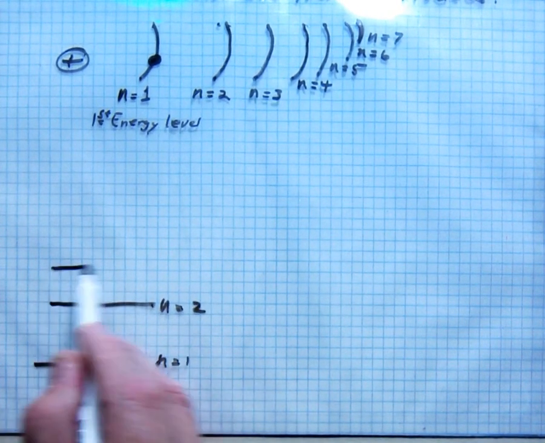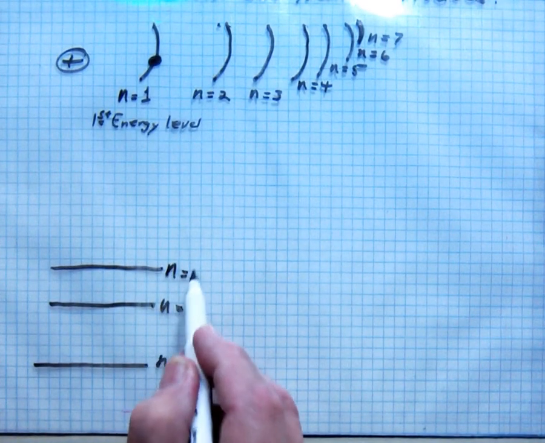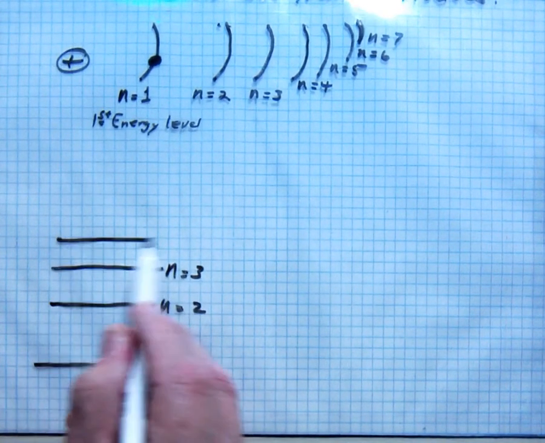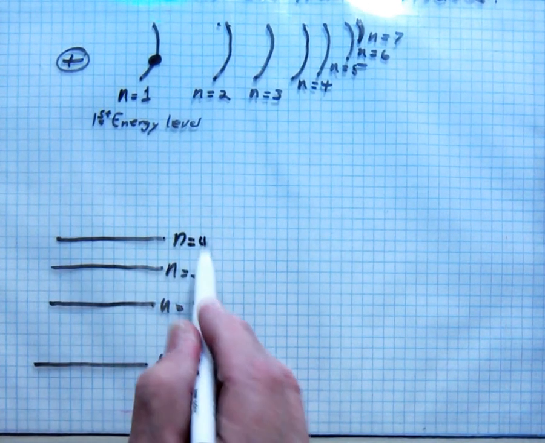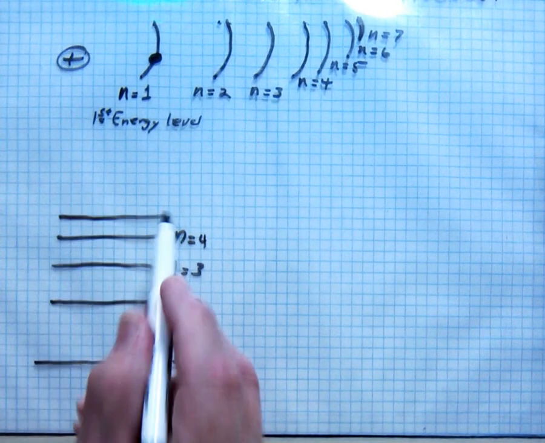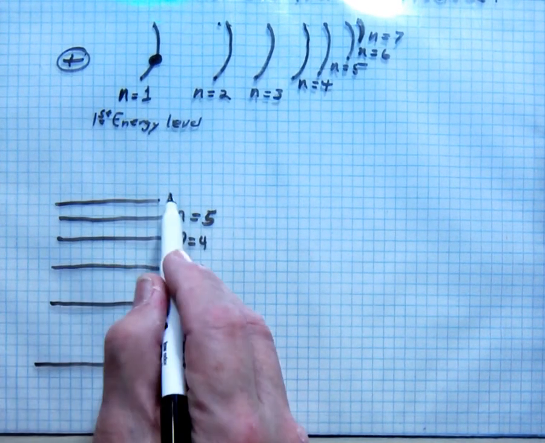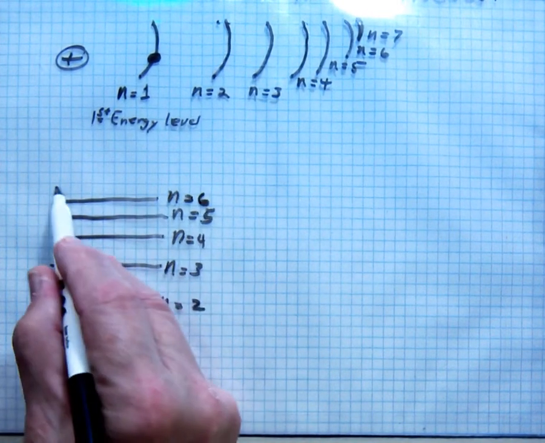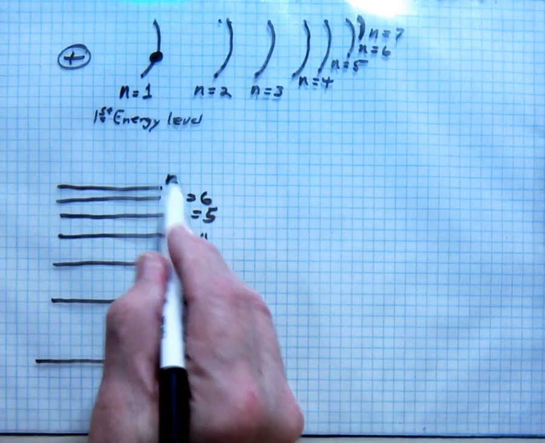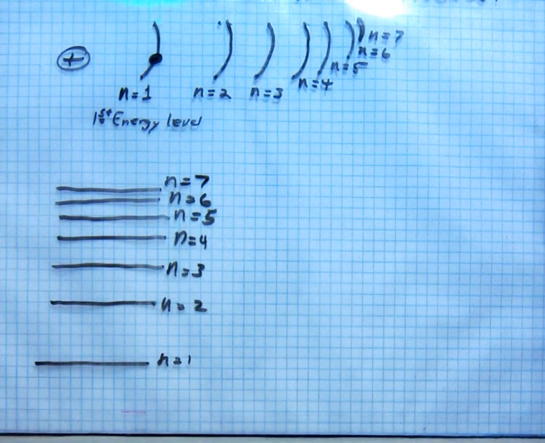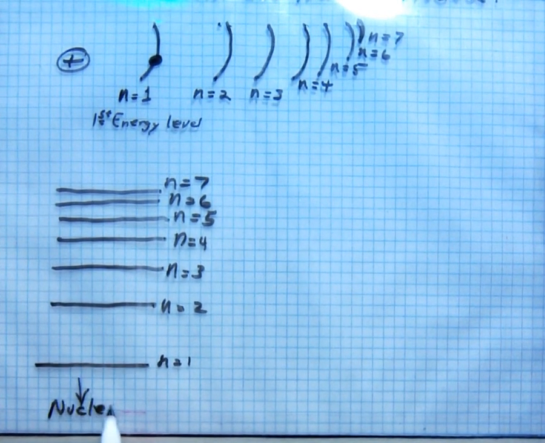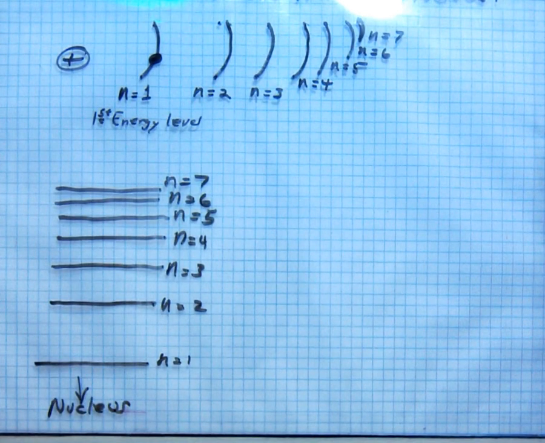And then we'll run n=3 here. And then we'll go 4. And then we'll come a little tighter. 5. n=6. And n=7. And the nucleus is down there somewhere on the floor.